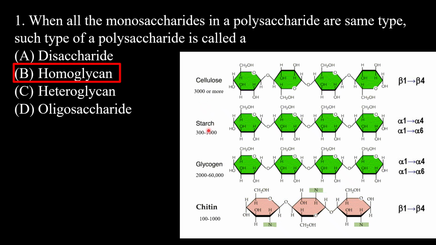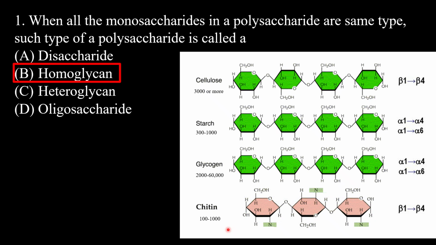In starch, the glucose units vary between 300 to 1000. In glycogen, the glucose units may be present between 2000 to 60,000. And in chitin, the glucose units may vary between 100 to 1000. So that's why they are different from each other, depending on the number of glucose units present in them.